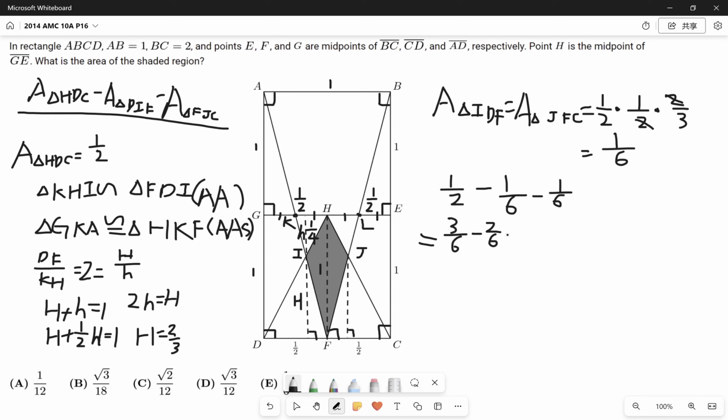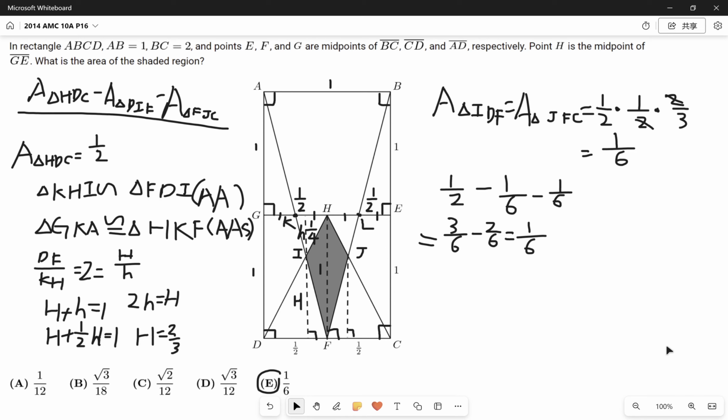After we evaluate this expression, we have 3 over 6 minus 2 over 6, which is 1 over 6. So our answer is the shaded region HIFJ, because we have the large area minus the two smaller areas, and the shaded region is what is left. So our answer is 1/6, which is E.